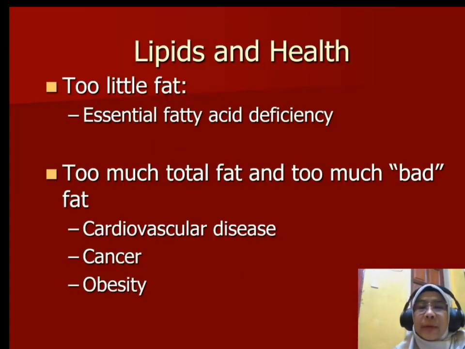Okay, this is Lipid and Health. Too little fat can cause essential fatty acid deficiency. Too much total fat and too much bad fat can cause cardiovascular disease, cancer, and also.